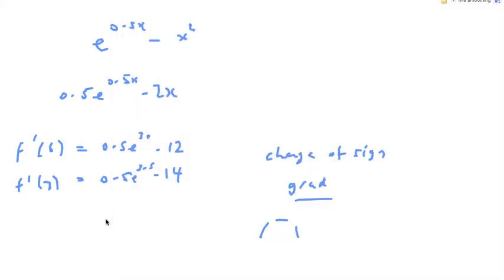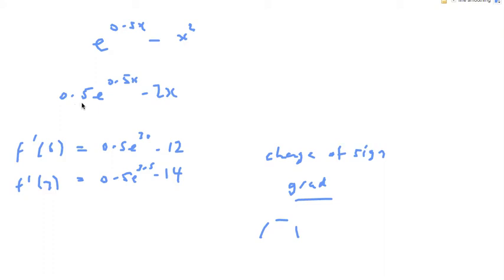Question 8: f of x is e to the 0.5x minus x squared. Find f dash of x, so do its derivative, and by evaluating f dash of 6 and 7, show that there is a stationary point between 6 and 7. So there it is, that's the function.